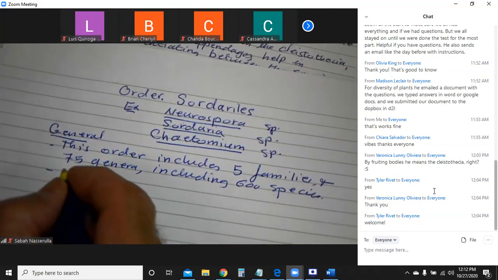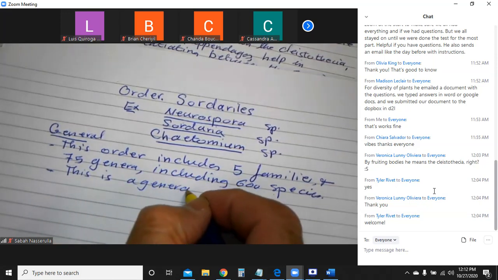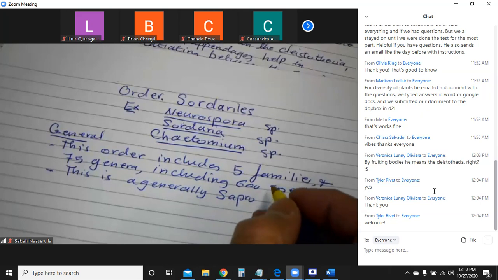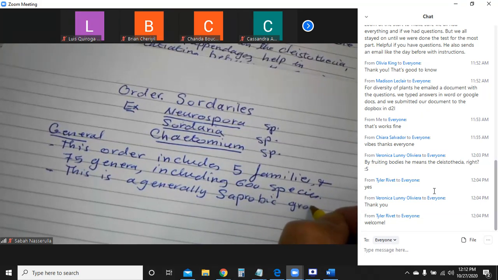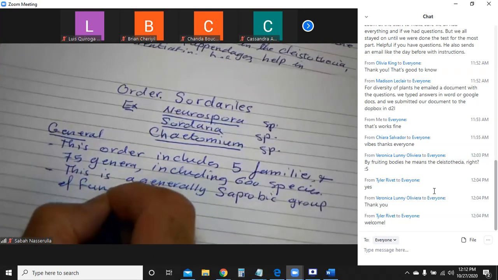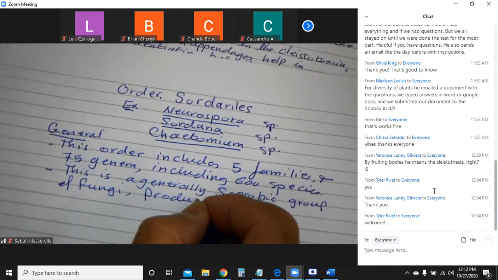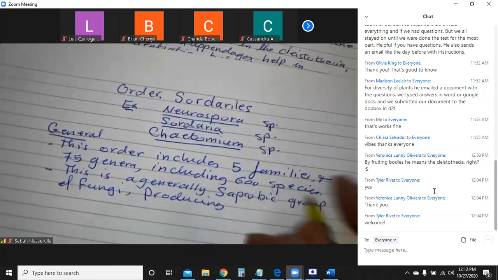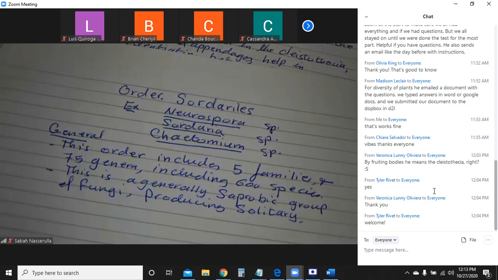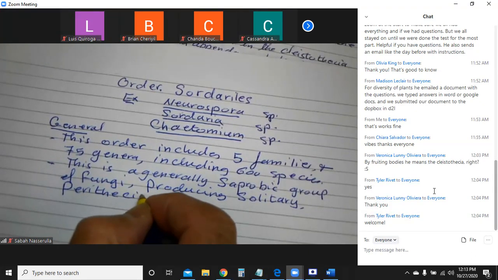Just to mention this point, this is generally a saprobic group of fungi, and it also produces solitary perithecial ascomata.